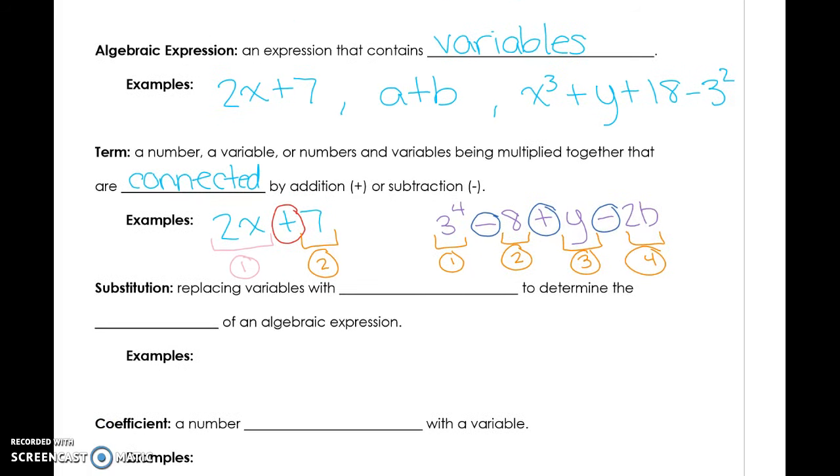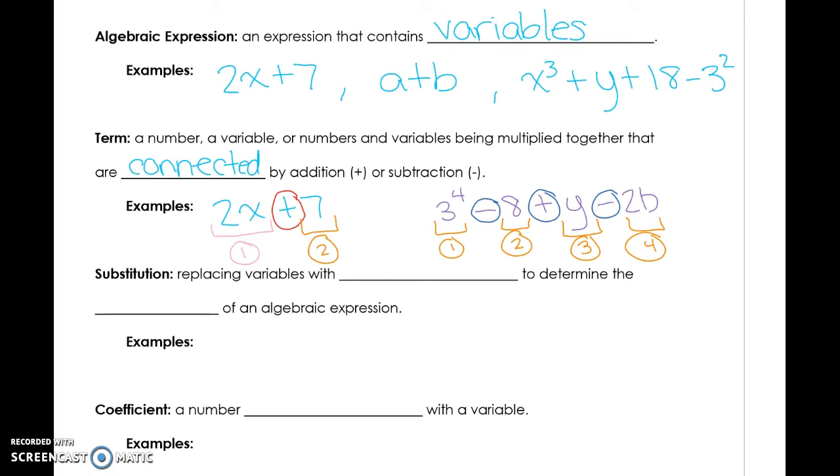Okay, next, substitution. Replacing variables with numbers to determine the value of an algebraic expression. So for example, if I have the expression x plus y, if x is equal to 2 and y is equal to 3, I can substitute these values.